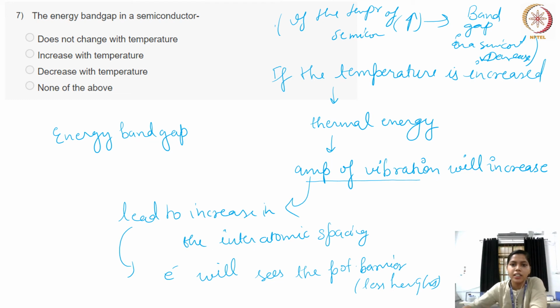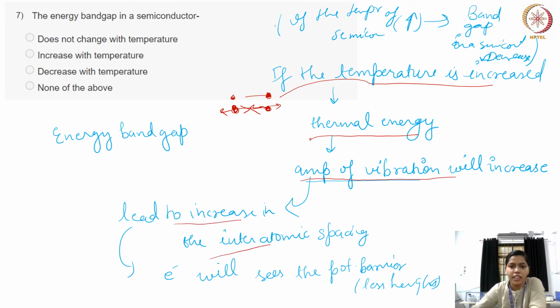So we started with, if the temperature is increased, you can write that the thermal energy is increasing, and when the thermal energy is increasing, these atoms will vibrate more, right, like this. And with the increase in the amplitude of vibration, that will lead to an increase in the interatomic spacing between these two atoms.